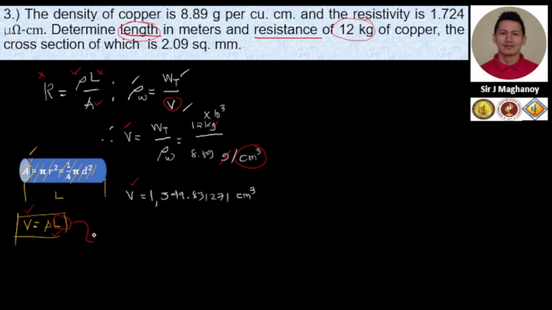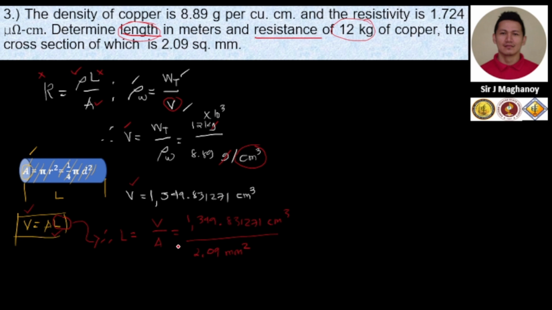Solving for the length, it is equal to the volume all over the cross-sectional area. We already solved the volume, 1,349.831271 cubic centimeter. How about our cross-sectional area? We have 2.09 square millimeter.